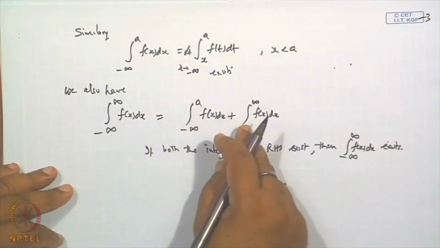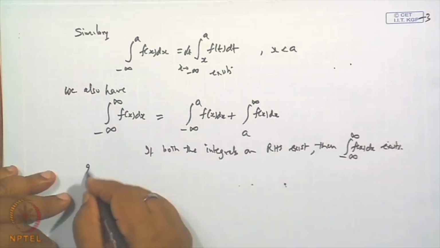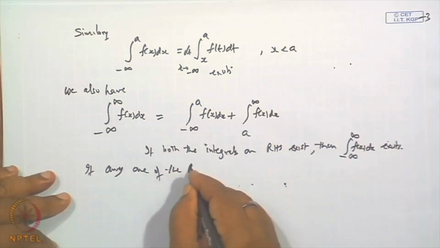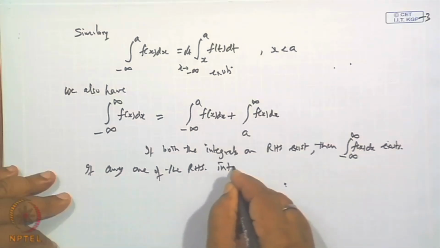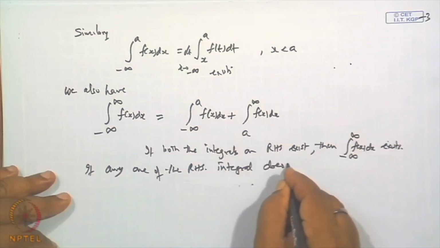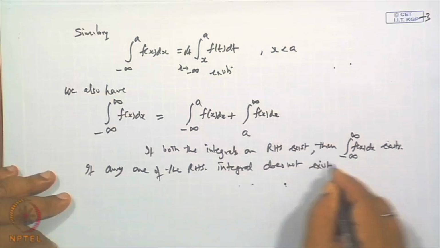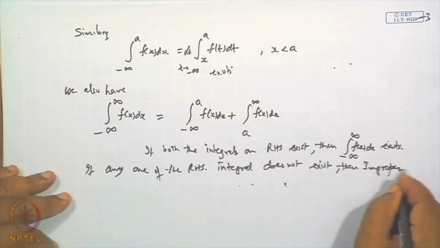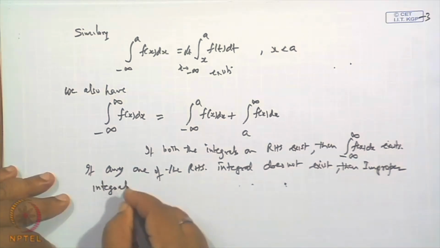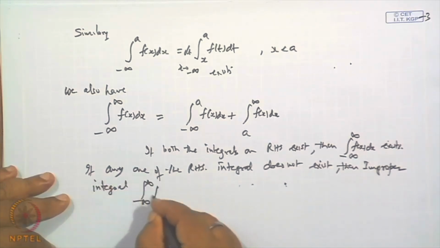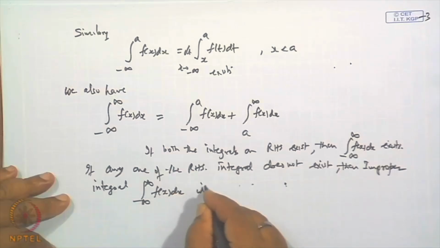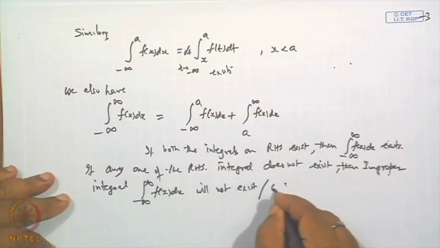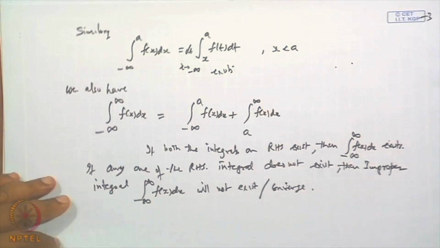If any one of the right hand side integrals does not exist, then the improper integral from minus infinity to infinity of f(x) dx will not exist, or we can say it will not converge. That is, it diverges.